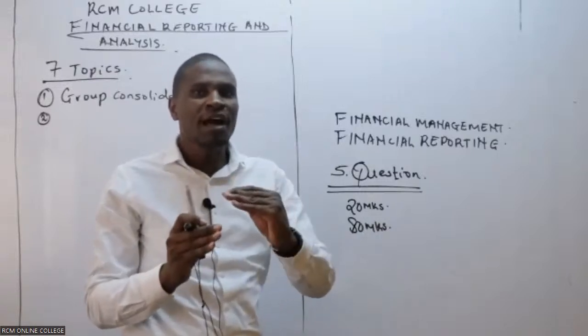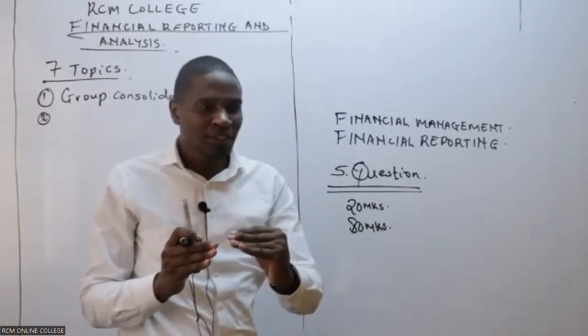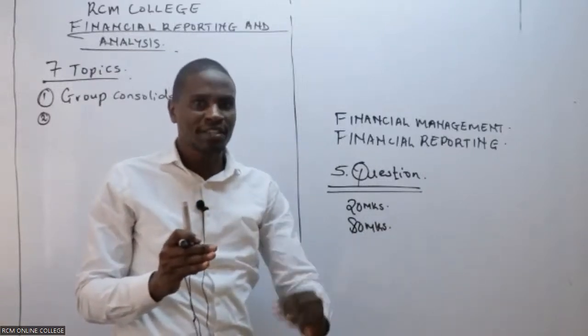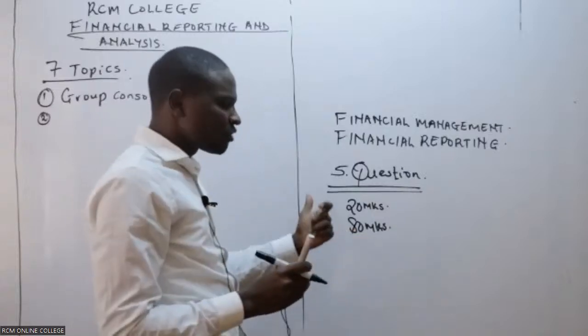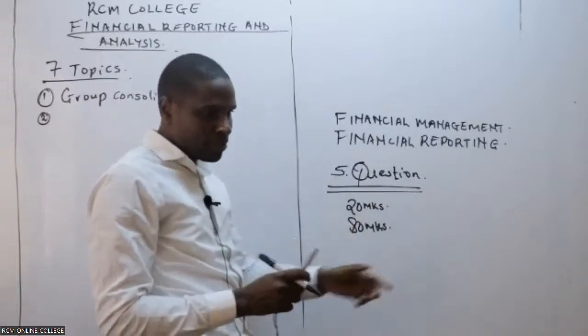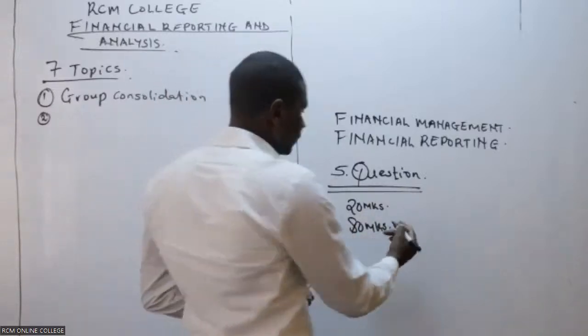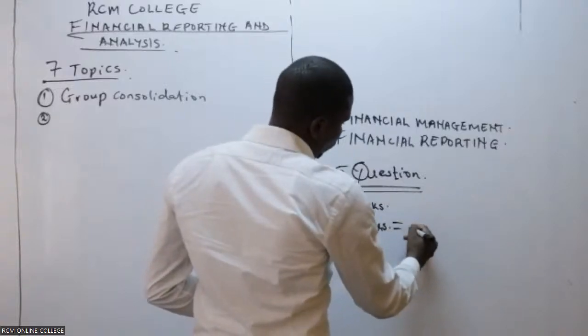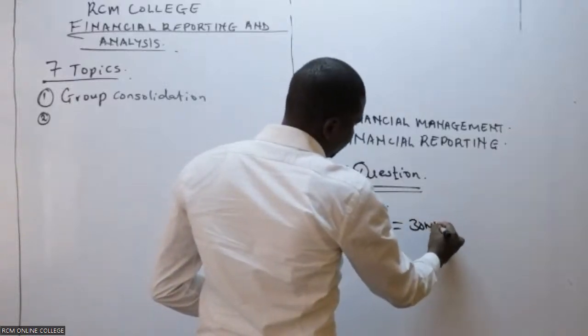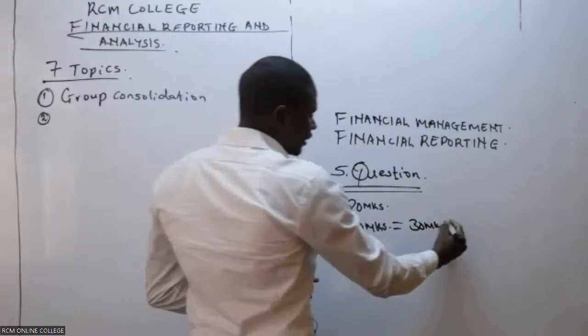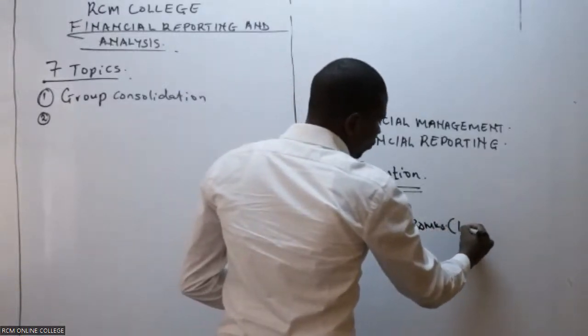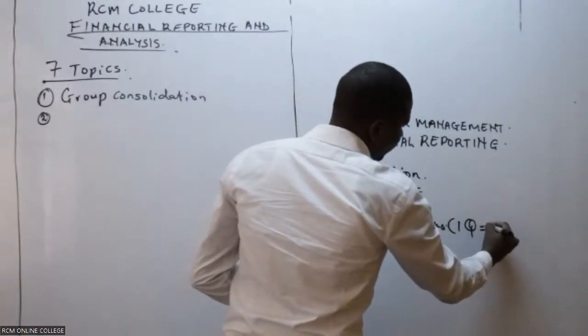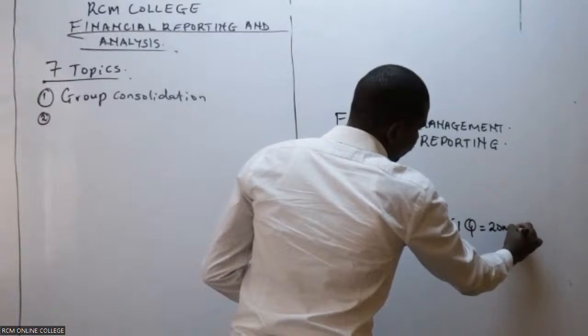Therefore, there will be a theory of like 4 marks and then computation of 16 marks. Therefore, theory can take like 30 marks here. So 30 marks theory. One question has 20 marks of theory.